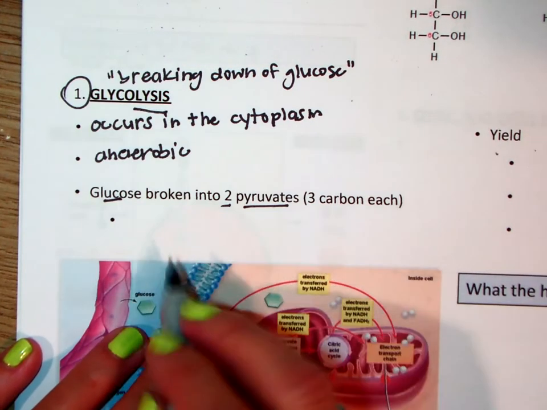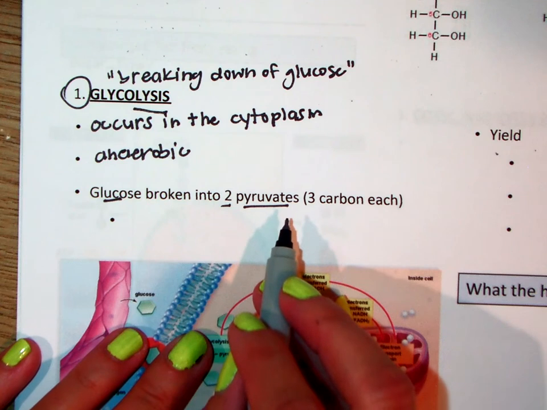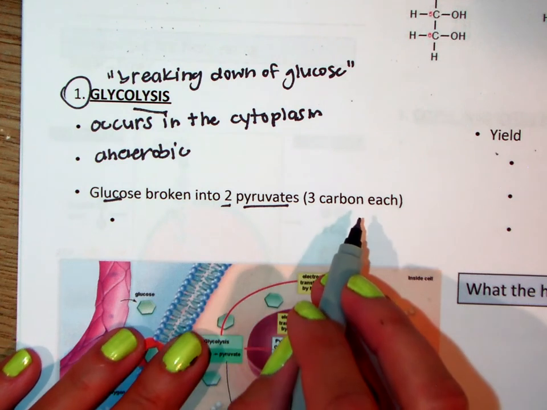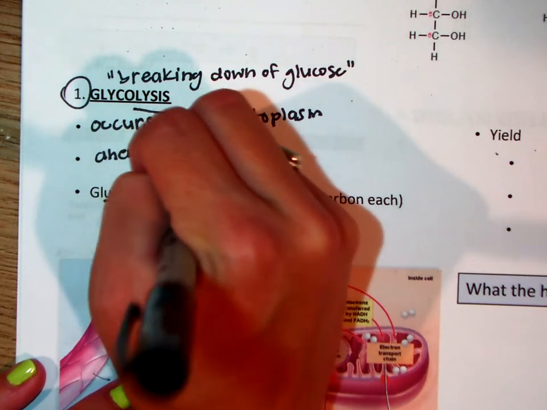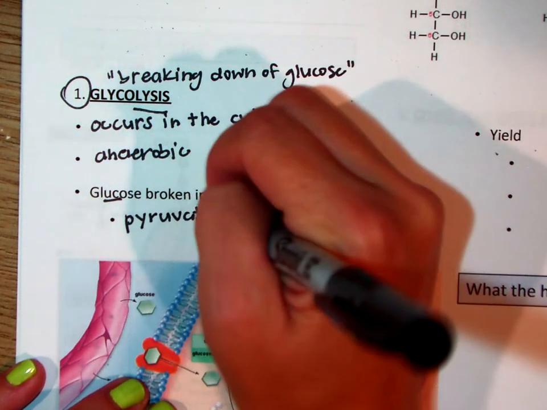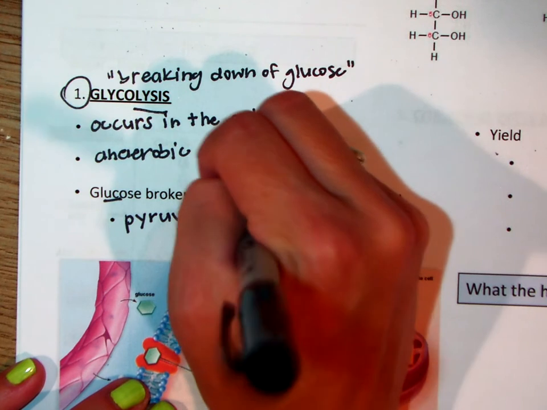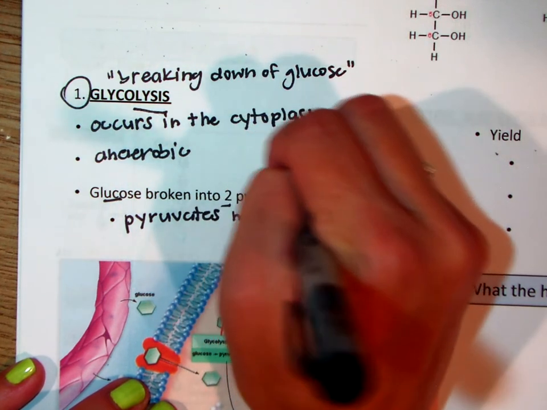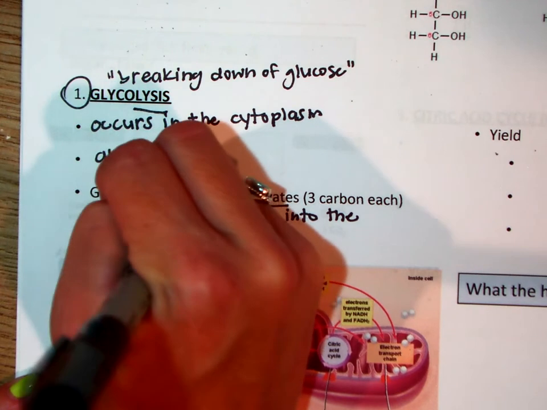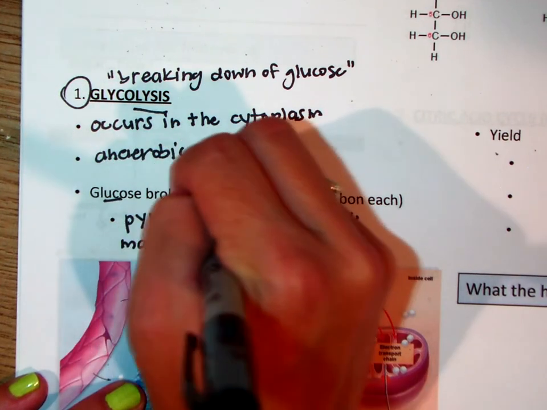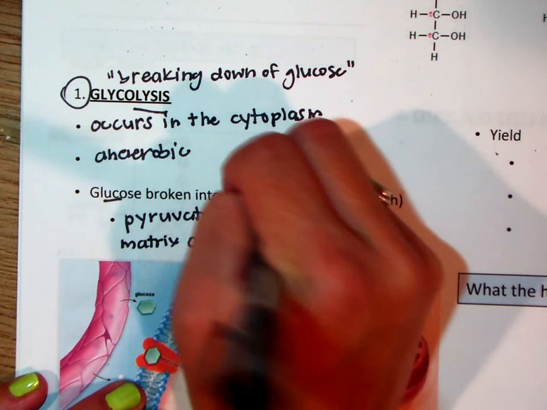So glucose comes in, 2 pyruvates come out that are 3 carbons each. Then the pyruvates move into the matrix of the mitochondria.